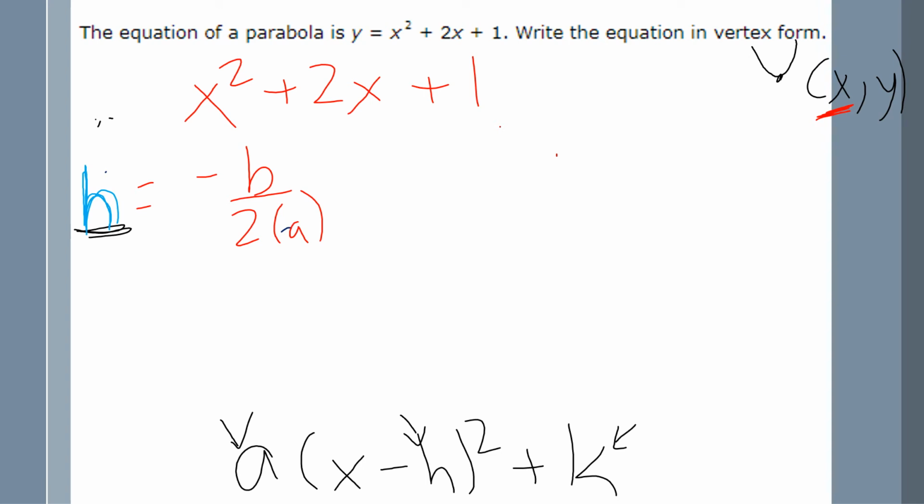So guys, look. The opposite of 2 is negative 2, of course, over 2 divided by 1. That gives you negative 1. So that's h. And again, h tells us that the graph moves left and right.